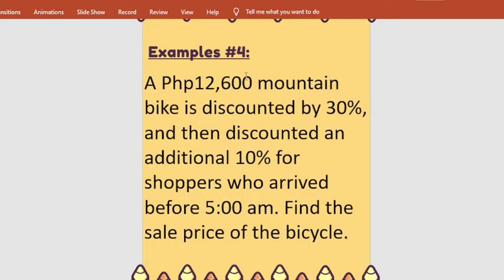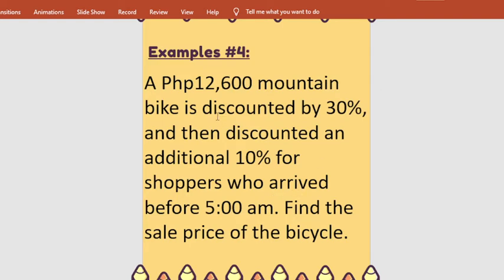Next. Now, example number 4. A 12,600 mountain bike is discounted by 30% and then discounted an additional 10% for shoppers who arrive before 5 a.m. Find the sale price of the bicycle. Okay? So, this time, let's analyze this problem.